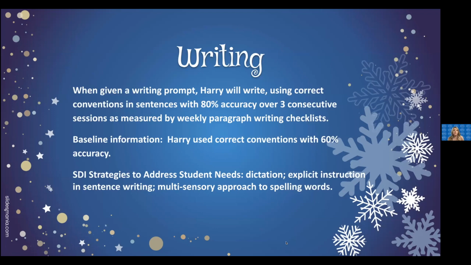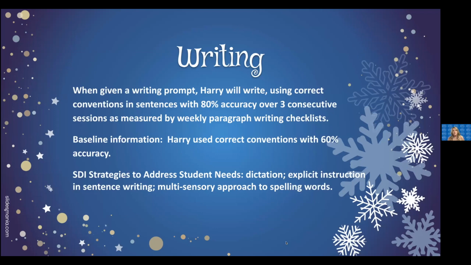And then you can have that as an example for them to look at later when they do their own writing. The other strategy would be the explicit instruction, just like that in sentence writing. That one is very explicit, but it's very structured on exactly what those grammar rules are, and when they need to use capital letters, all of those kinds of things, and just the repetition for that.